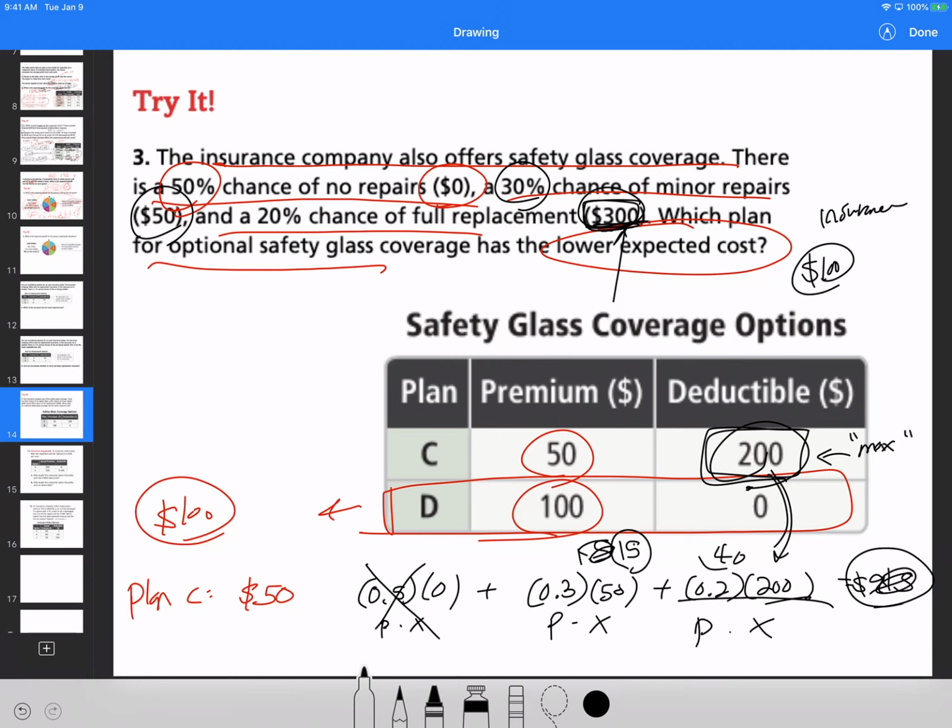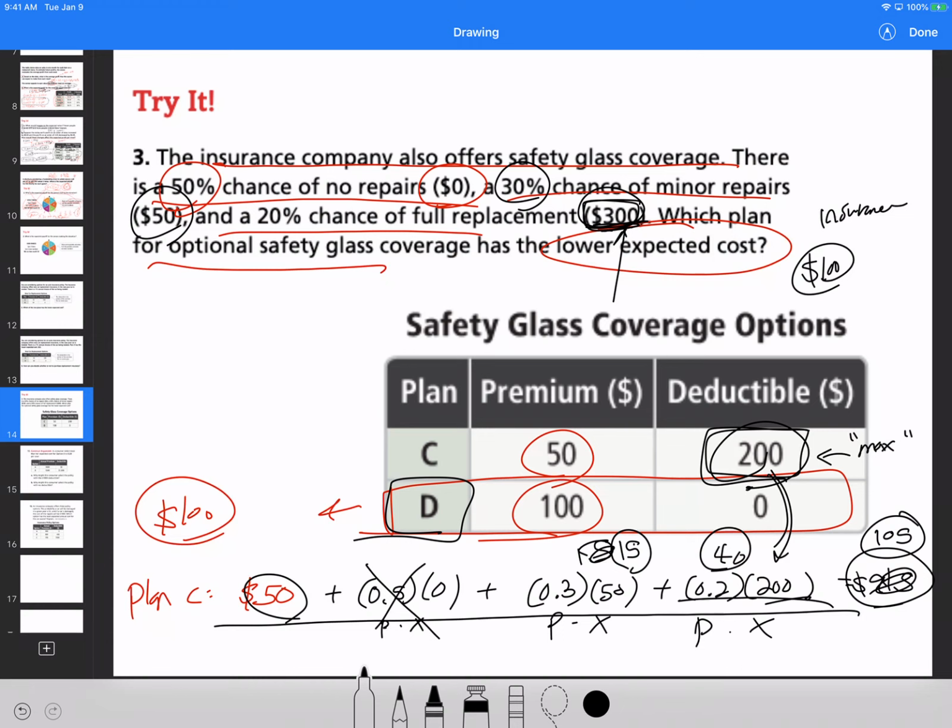So 15 plus 40 plus 50, that's going to give you $105. So which one would you like to pick? You would still pick Plan D because even with all of these expected value costs put in total, with the premium, Plan C costs you more than Plan D.